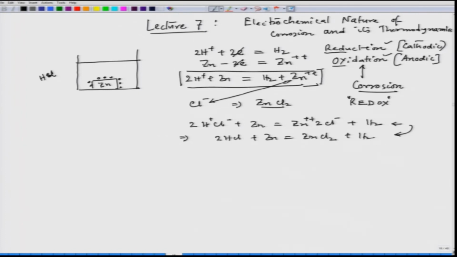When we have a redox reaction, then only we have these complete reactions. So, the complete cell reaction, which is nothing but the redox reaction, has one reduction reaction and one oxidation reaction. And when we have this redox reaction, we have the corrosion of zinc in the form of zinc ion.